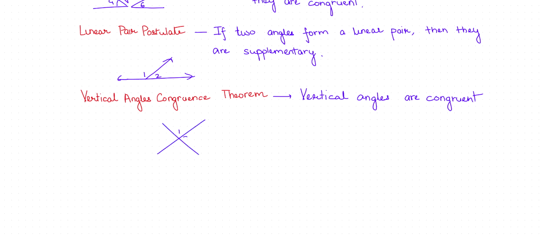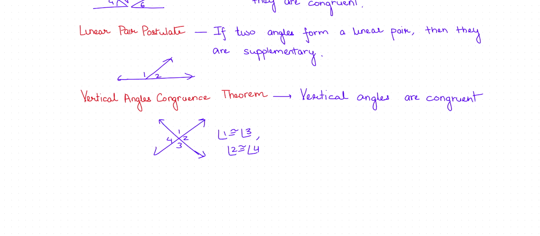So angle 1 is congruent to angle 3 and angle 2 is congruent to angle 4. Okay. So these are the vertical angles, and vertical angles are congruent.